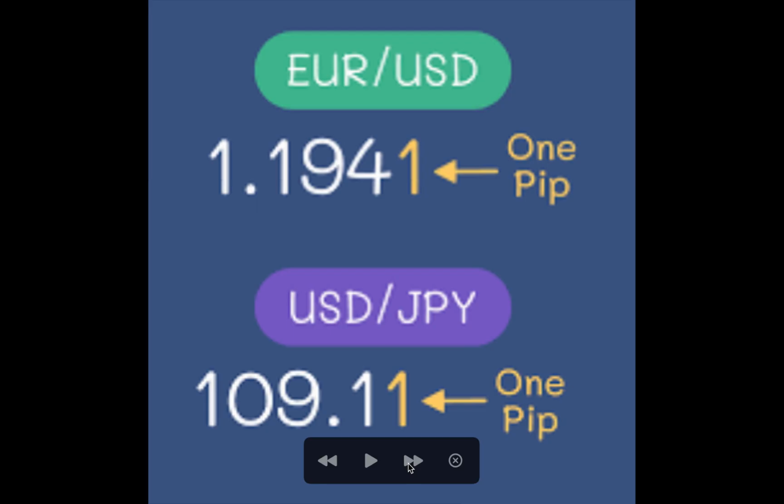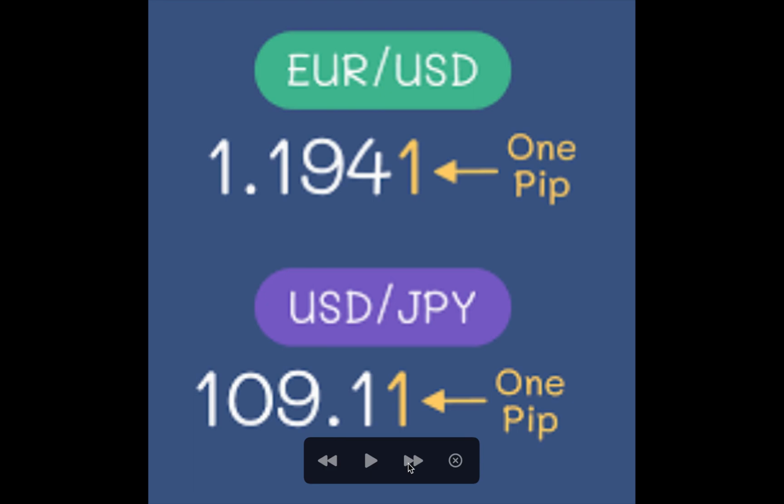Like I said, in all the currencies apart from JPY, the fourth decimal place is called 1 pip. But in JPY, it is the second decimal place that is called a pip. In other currencies apart from JPY we have 4 decimal places, but in JPY we have just 2 decimal places.